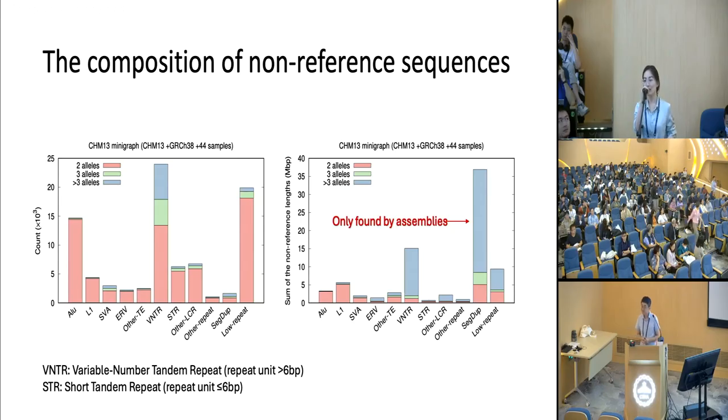Very nice talk, Heng. I have two questions. One is that you showcased the HLA region in your introduction. Can you tell us what the pan-reference helps us understand about the HLA region?